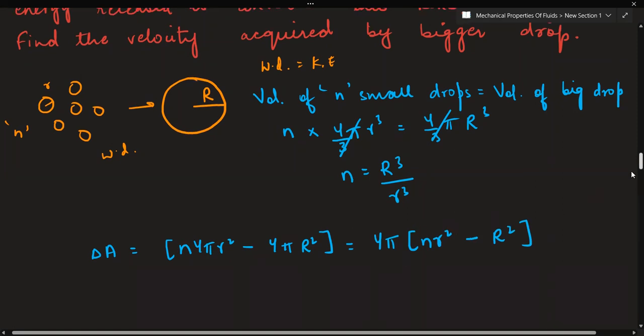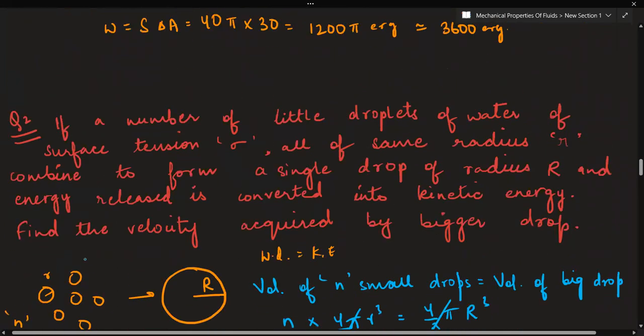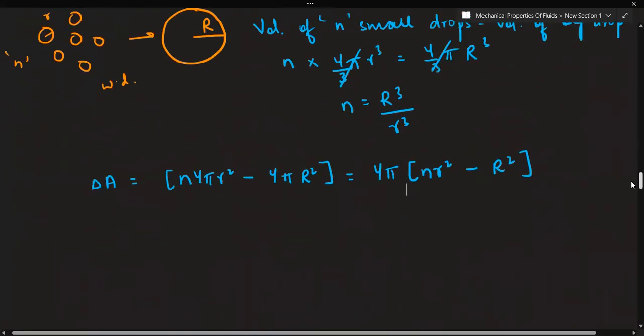Now see, since n is not mentioned in the question, the number of droplets has not been mentioned, so we have considered n from our side. So we have to eliminate this n. Since we already have a relation, let's put it in place of this n.